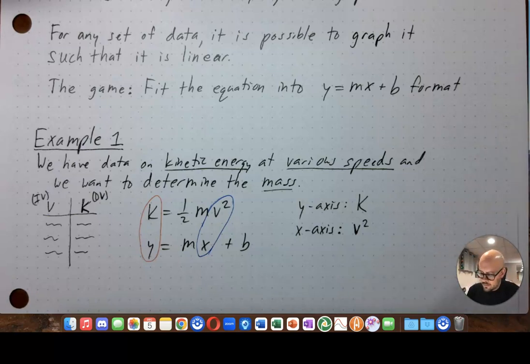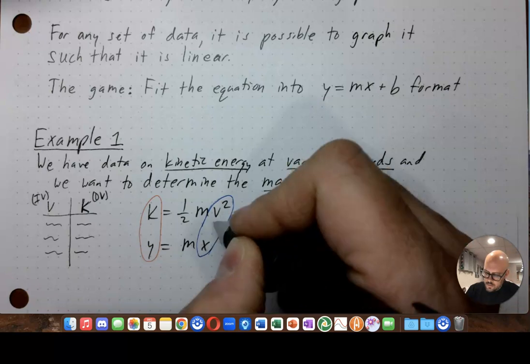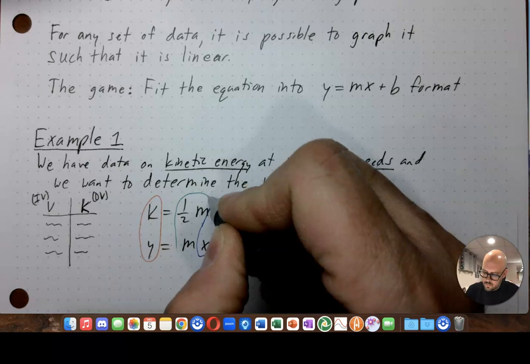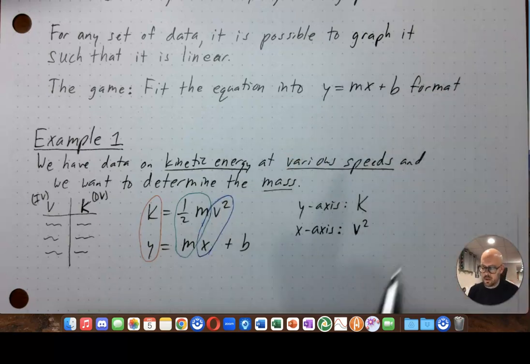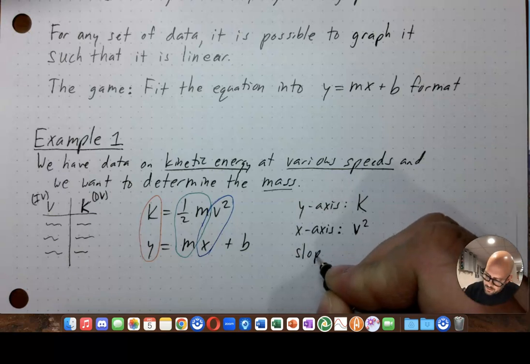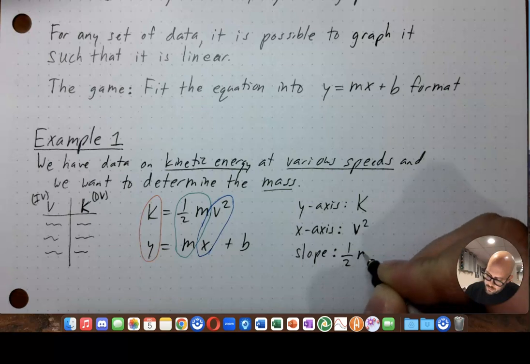The last things I have to worry about are the slope and the y-intercept. So the slope is whatever is multiplied by x, and in this case, it's what's left over in 1/2 mv squared. The slope of my linear graph is going to be equal to 1/2 the mass.